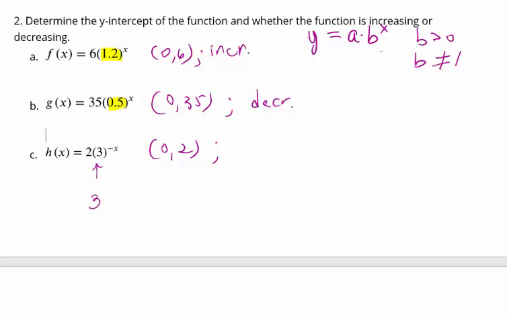So really we're looking at 3 to the negative first as our b. And that's 1 over 3 to the first, so 1/3. And therefore, this function is decreasing. If you ever wonder what it's doing, just graph on your calculator.